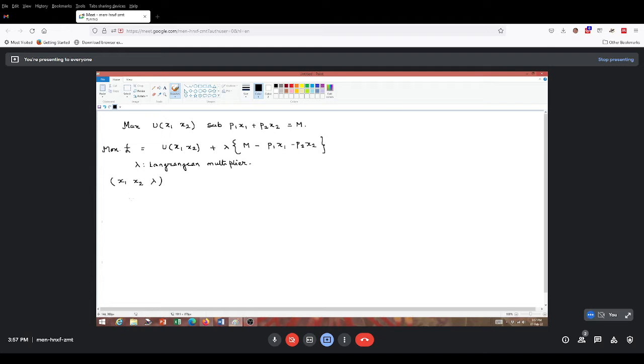So that means we have to take three differentiations. We have to differentiate this function by the three variables.